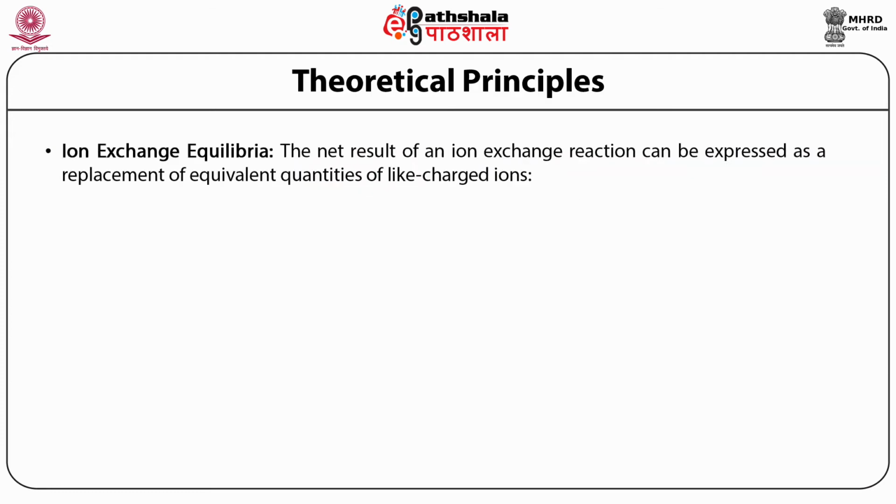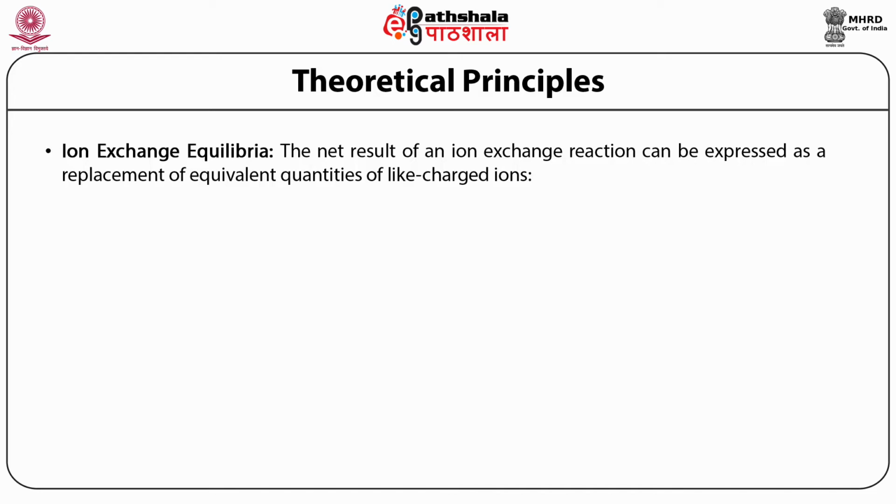If we consider the theoretical principle involved in the exchange of ion, we should consider the net result of an ion exchange reaction, which can be expressed as a replacement of equivalent quantities of like charged ions.